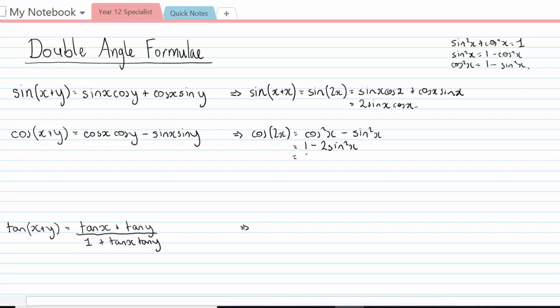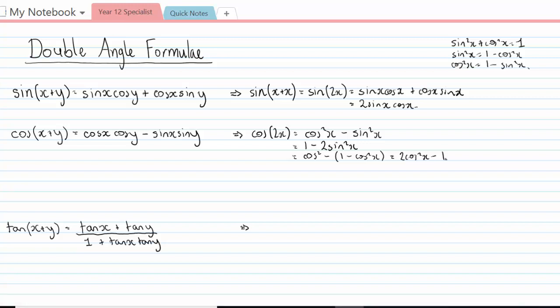And so I've got cos squared x now minus 1 minus cos squared x, which works out to be 2 cos squared x minus 1. So there's those three different forms for the cos double angle formula.